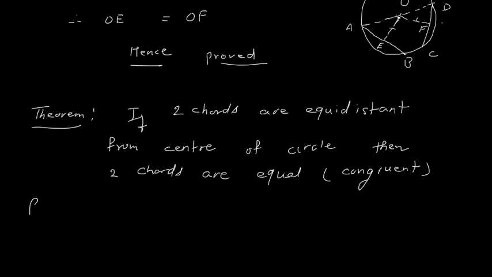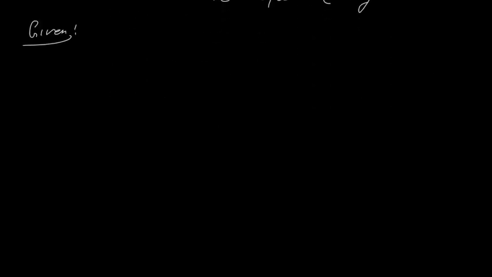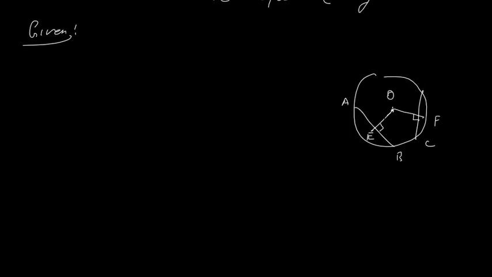So here we have given a circle with two chords and their perpendicular distance from the center, and this perpendicular distance is given equal. So let us again take points E and F, and mark the chords as A, B, C, D. So in given, now here I will write a few more pieces of information in given. In the previous problems also we can do that.